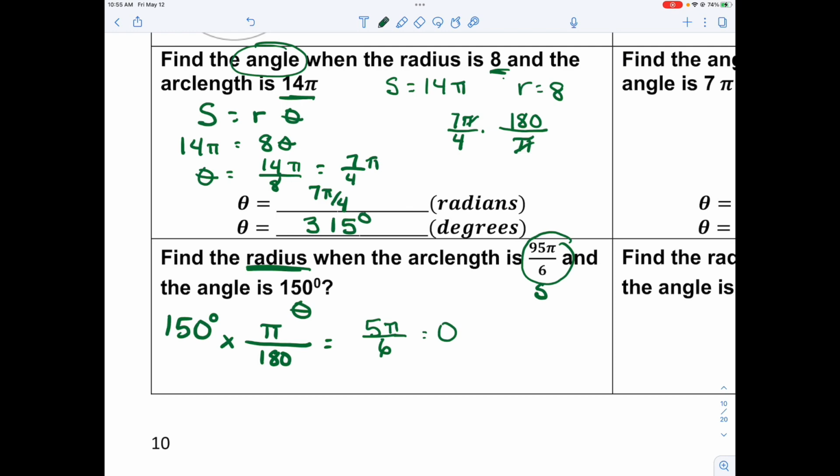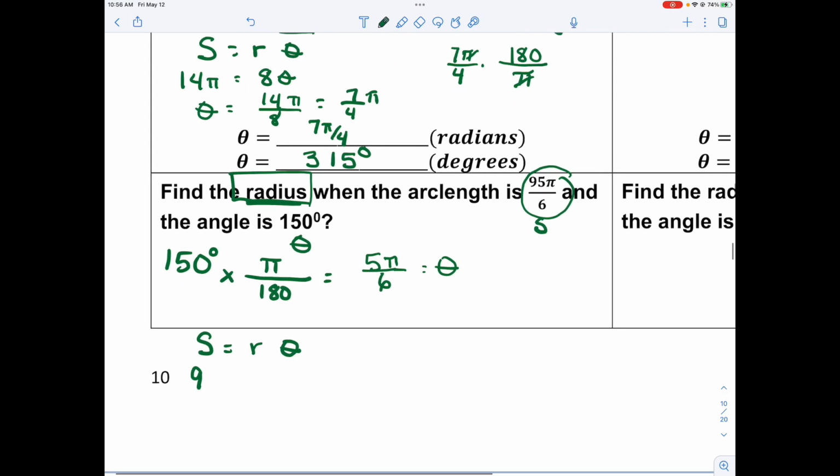But we're not finished yet, because what we're looking for is the radius. So we go back to our formula, S equals R theta. I know that S is 95 pi over 6. I don't know R, and I know theta is 5 pi over 6. So how do I solve for R?